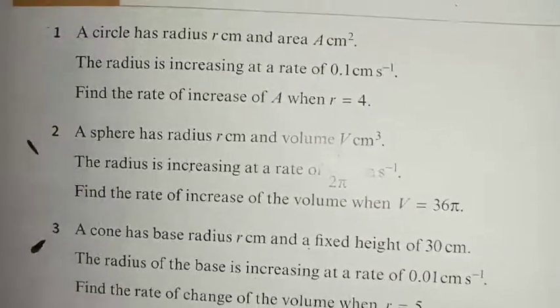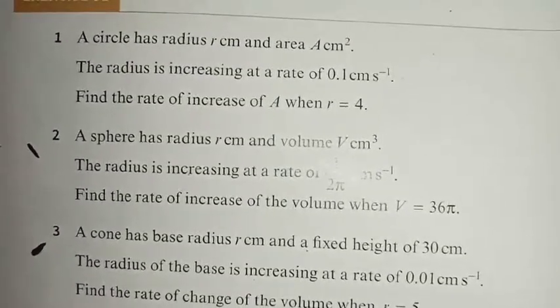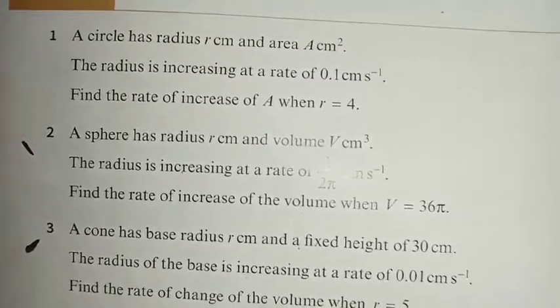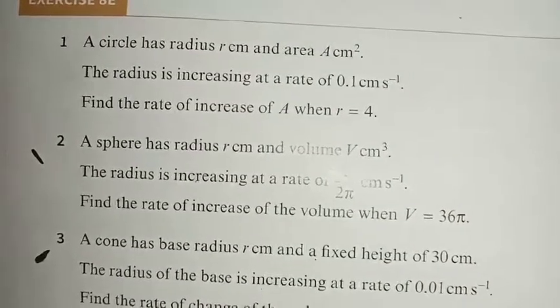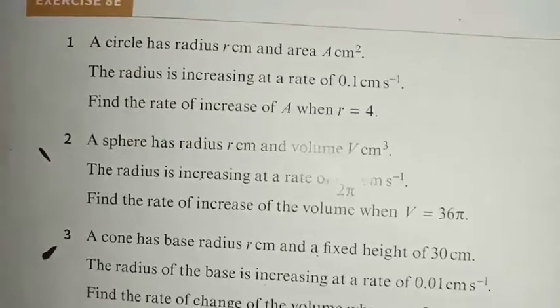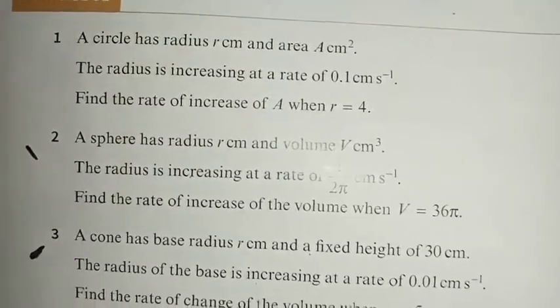Okay, so in this question you can find a sphere, its radius is r centimeter and volume is v centimeter cube, and there is a rate of increase in the radius with respect to time, which is 1 by 2 pi. We want the rate of increase of volume with respect to time.